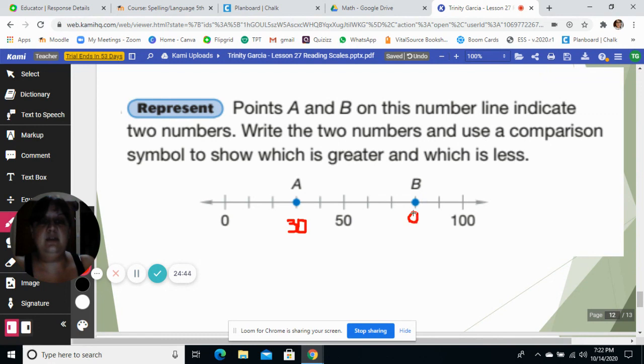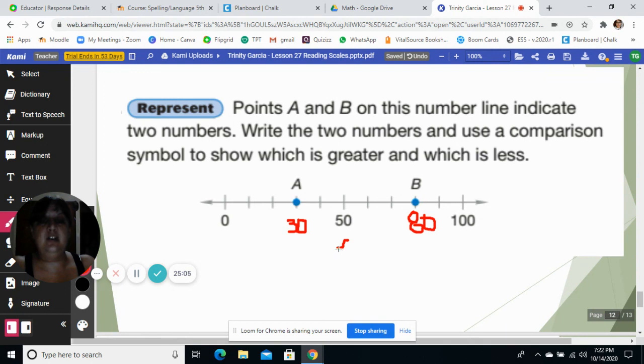Okay, B is equal to 80. Okay, now the last part of this says use a comparison symbol to show which is greater and which is less. So that means you're going to need to write out your comparison symbol.